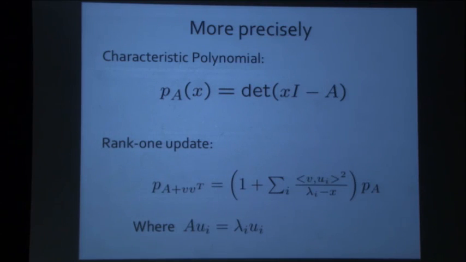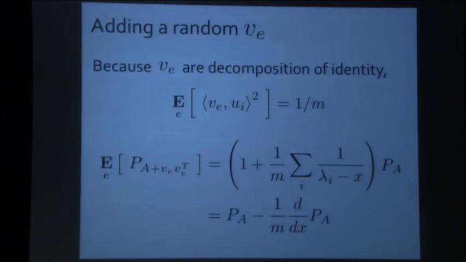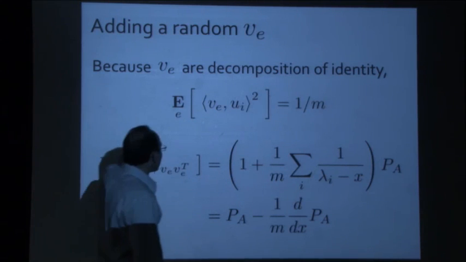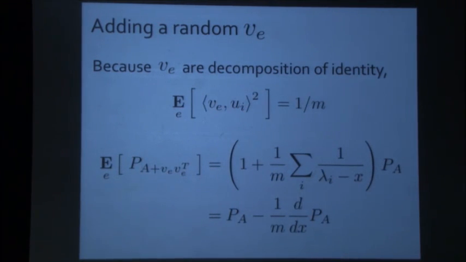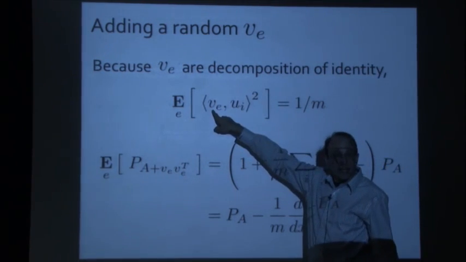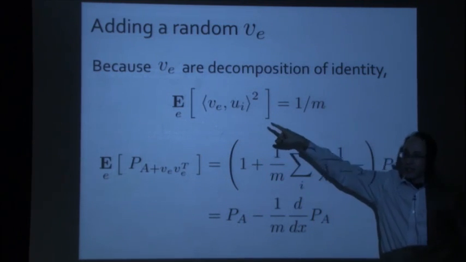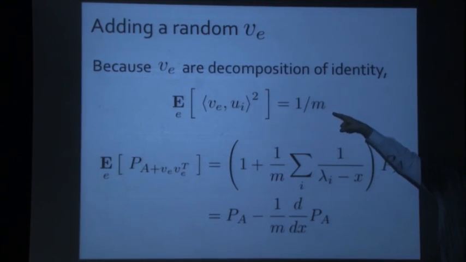In our case, it's going to be easier because our vectors are a decomposition of the identity. What that means is if I take any eigenvector u_i, and I look at the expected square of the inner product of that eigenvector with a random vector v_e from my set, because they're a decomposition of the identity, that will be 1 over m, where m is the number of vectors in my set.